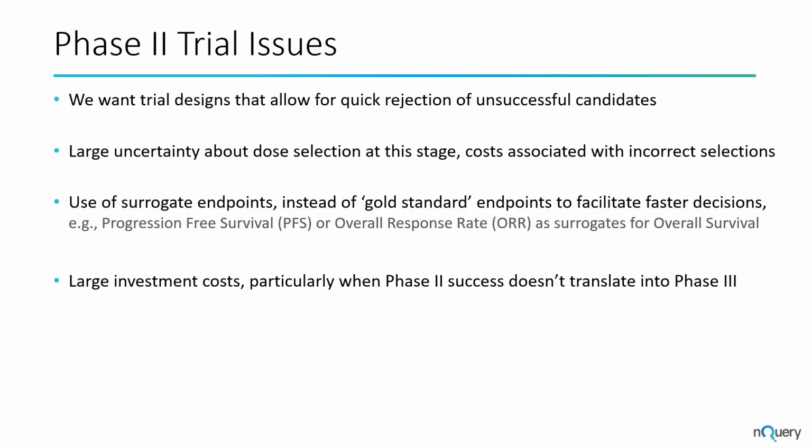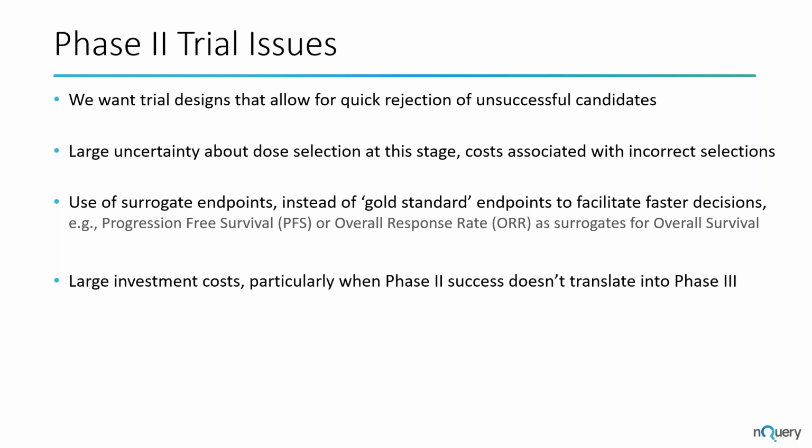So, some of the issues that are faced in phase 2 trials. Because of these high failure rates, it's imperative that we have good designs that reject poor candidates quickly. The clinical trial process is a multi-year, multi-million-dollar endeavor. So there's no point continuing to develop a treatment that will not benefit patients.